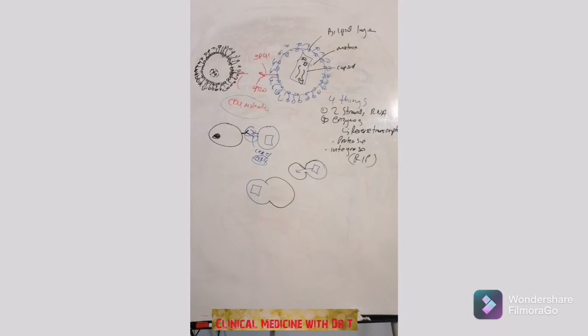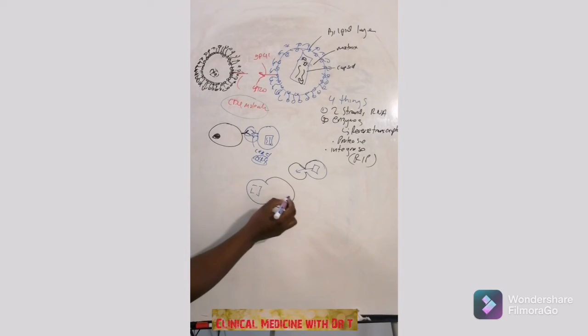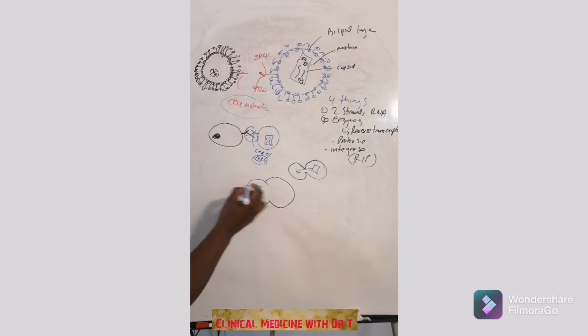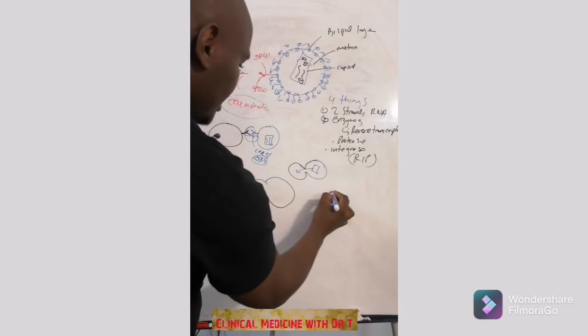Once the capsid enters the cytoplasm or the cytosol of the lymphocyte, it gets degraded, it gets broken down. Now you release all those 5 things into the cell. Now you have one cell that is like this.